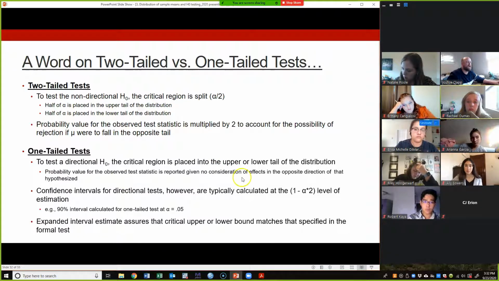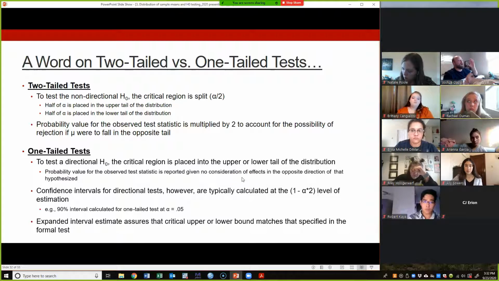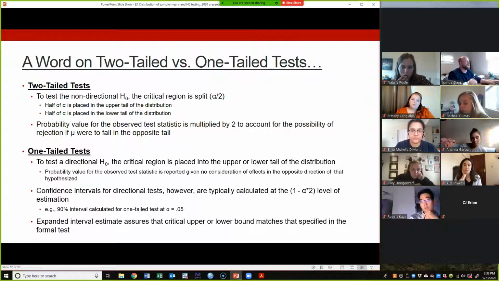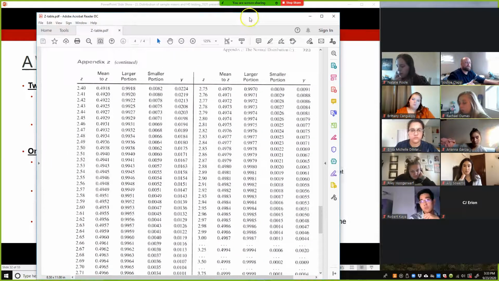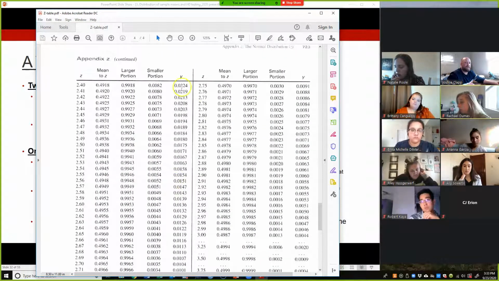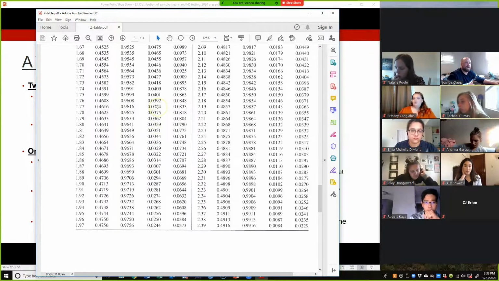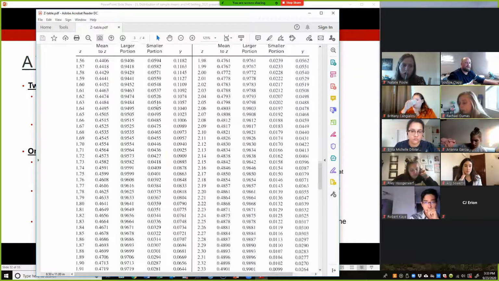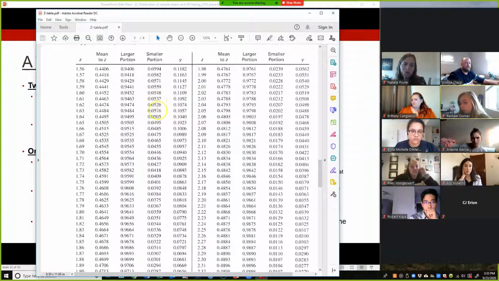So I'm saying that I'm confident that supplements are going to improve memory. And so if my alpha level is 0.05, I'm putting all that 0.05 in the upper tail, okay? And if I do that, what's going to happen is, looking at my Z table, I'm looking at the smaller portion here, and I'm going to find something that's close to 0.05 in the upper direction, right?